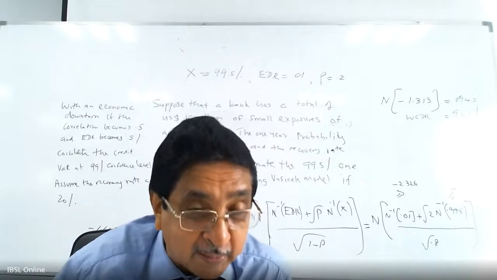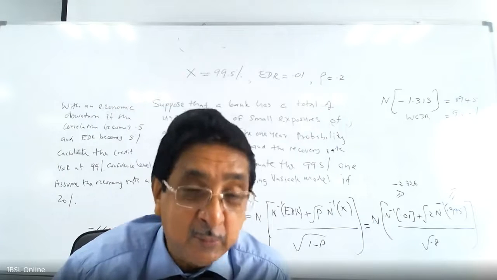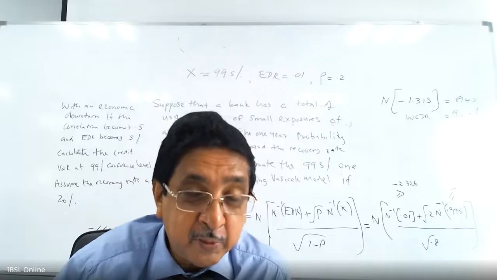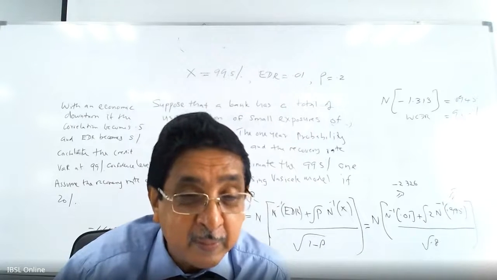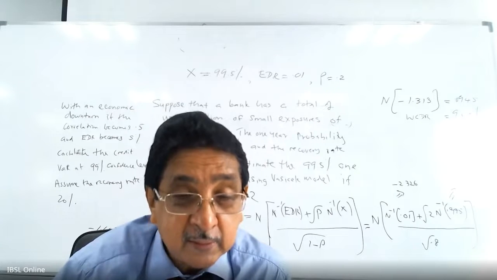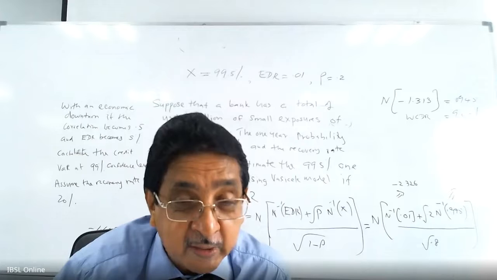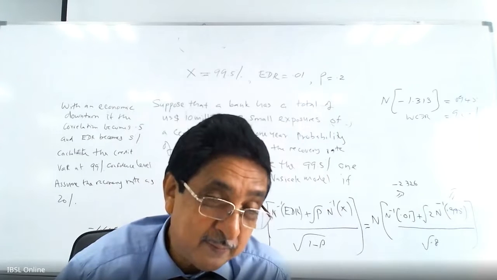But your unexpected loss is the total amount. And if you want to get the economic capital level calculated, what do you mean by economic capital? Economic capital is the capital which can absorb unexpected loss.